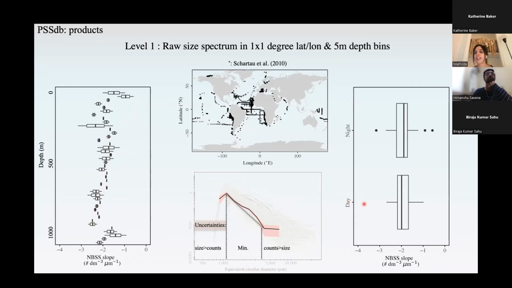And on the other side, you see a breakdown of that same slope, but for day profiles versus night profiles. Again, we don't see much of a difference, but it's because here I aggregated all the UVP profiles together. So it will be possible, of course, to break that down into the specific study area or ecosystem that we're interested in.